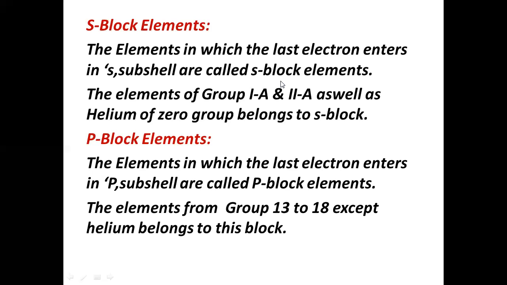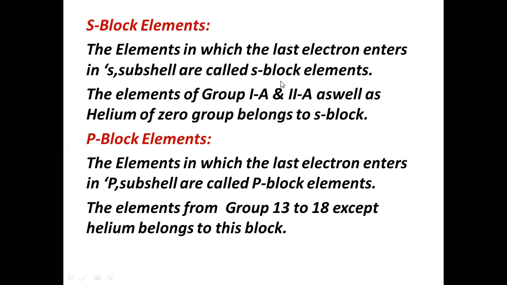Then, like the S block, the elements in which the last electron enters the P subshell, like 1s2, 2s2, 2p6, so the last subshell is P. Those elements in which the last subshell is P, or the configuration stops on the P subshell, are called P block elements, and these are the elements from group 13 to 18, or 3A to 8A, except helium.